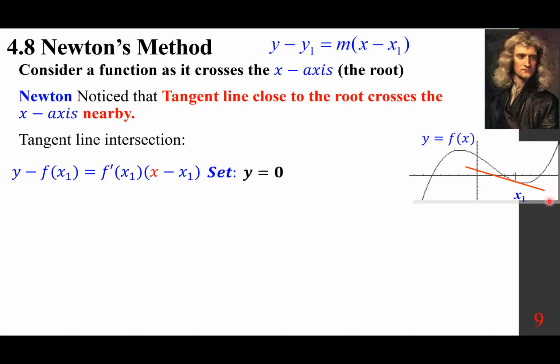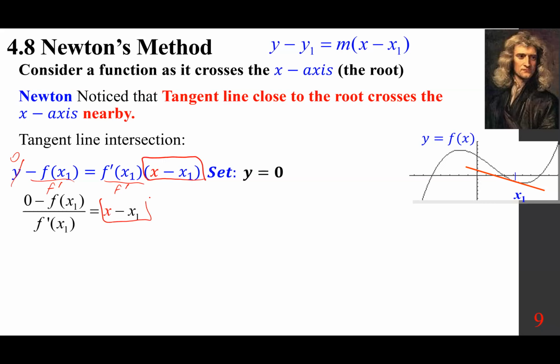If you want an x-intercept, you set y equal to 0. So this tangent line, you set the y equal to 0, gives you this location. So this is 0. If you divide by this, it gives you x minus x sub 1, gives you the parentheses.